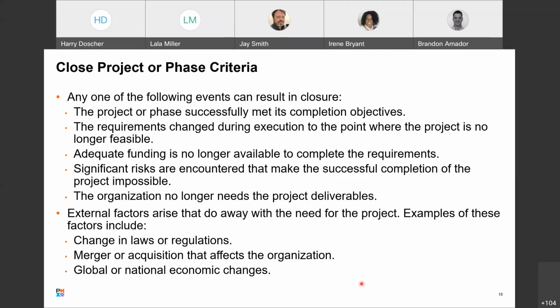So think globally with this. Whatever, and there are more. None of these are complete lists. When they say examples of these factors include, this is definitely not an inclusive list. Okay.